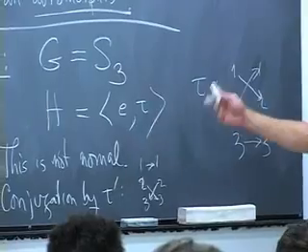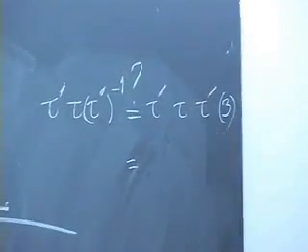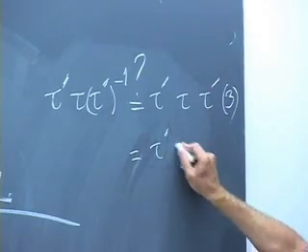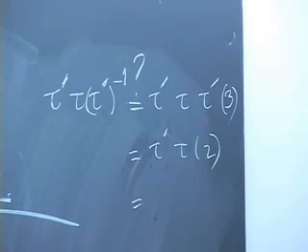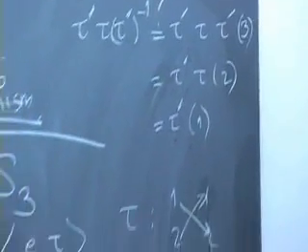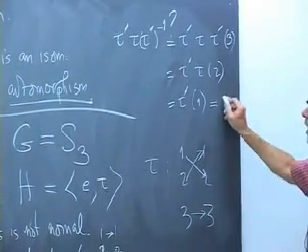So let's see if it's tau or not. We'll apply it to the element 3. Tau prime of 3 is 2. So this is tau prime of tau of 2. Tau of 2 is 1. So this is tau prime of 1, and tau prime of 1 is equal to 1.